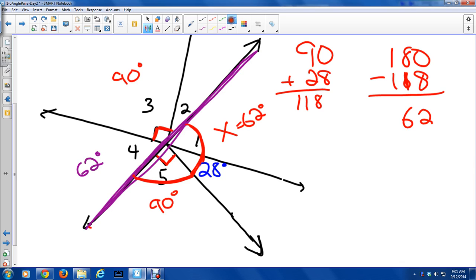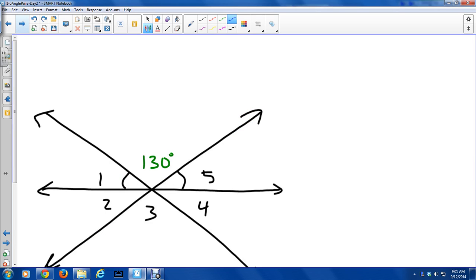And if we follow that logic of the half circle, 180 degrees, if this is 62 and angle 3 is 90 degrees, that must mean that angle 2 is 28 degrees. I didn't do the math there, but I guarantee if you add 90 and 62 and subtract from 180, just like I did for the first guy, you'd find that angle 2 is 28 degrees. Cool. Next guy here.